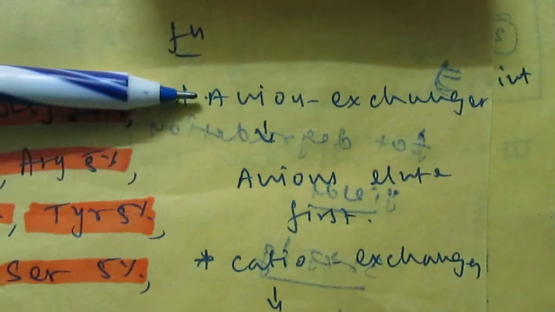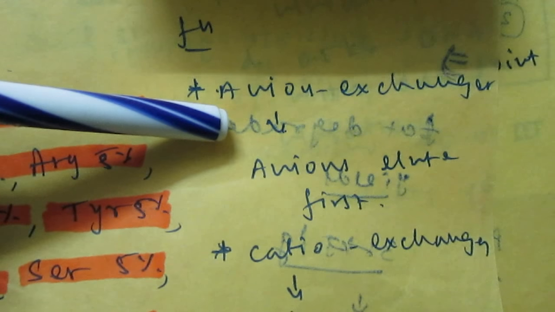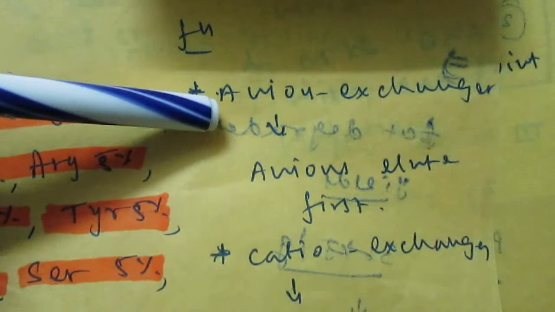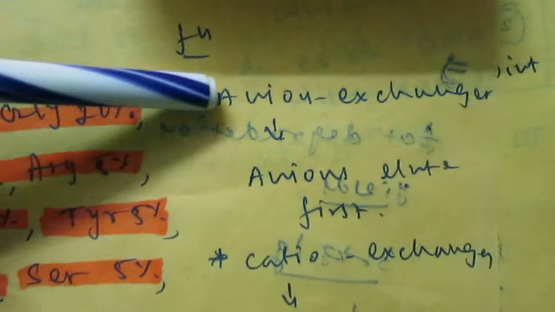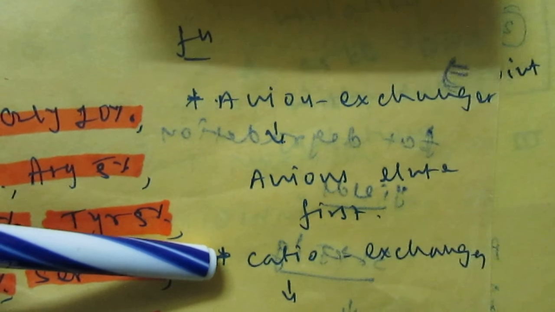So the negatively charged amino acids present in a polypeptide chain will be eluted first because there is repulsion between anion and anion, and positively charged amino acids will interact with the anions present on the exchanger. That's why the more negatively charged elute first, then the less negatively charged, and at last the positively charged amino acids will elute. And the same concept is applied to cation exchangers.